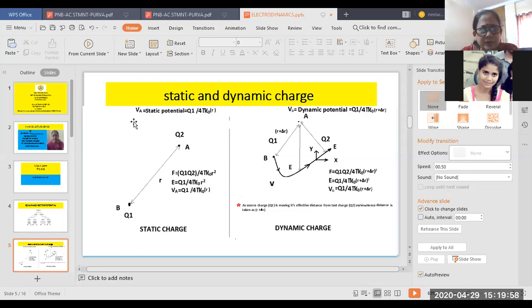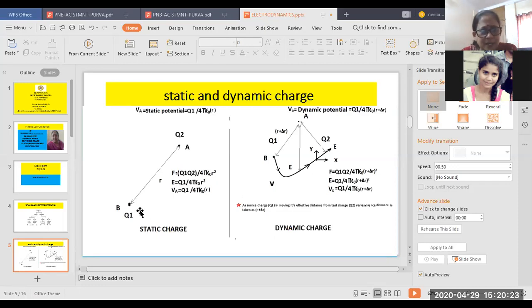So if you know V_A, from V_A you can find out the force and the electric field. You can calculate various things if you know the basics. V_A is the source charge divided by 4 pi epsilon naught r. Epsilon naught is the permittivity of free space, that is vacuum.